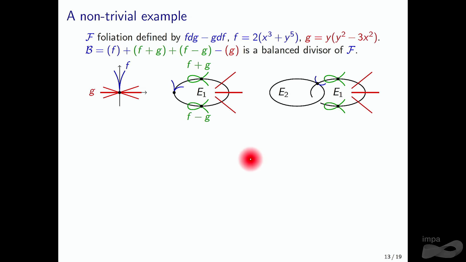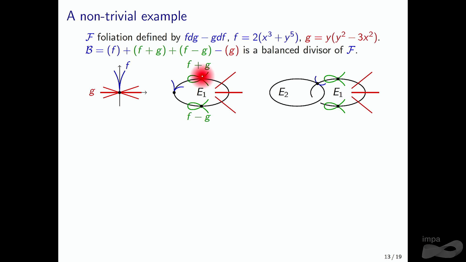And we made the first blow up. We separate the three lines. We obtain here a 2, 3 cusp, the strict transform of F, and also two singular points at the first divisor. In fact, here the divisor E1 is the critical.